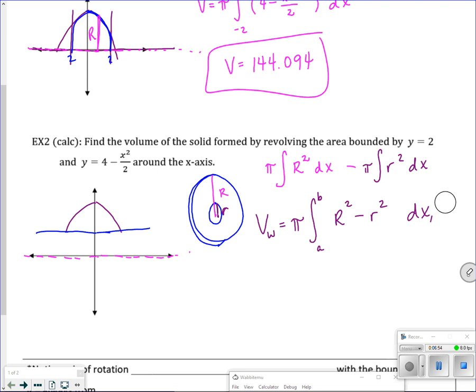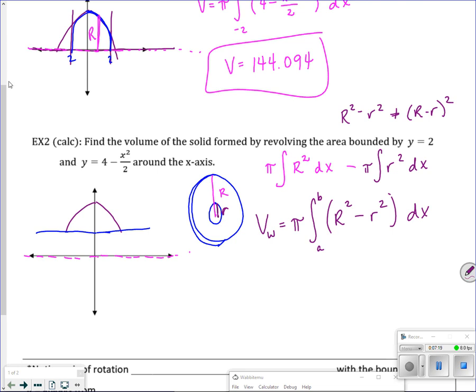I'll put dx for now. But this is going to be your formula. People, make sure that you understand that this does not equal this. Those two things are not the same. So you have to think of it as doing big R squared minus little r squared.